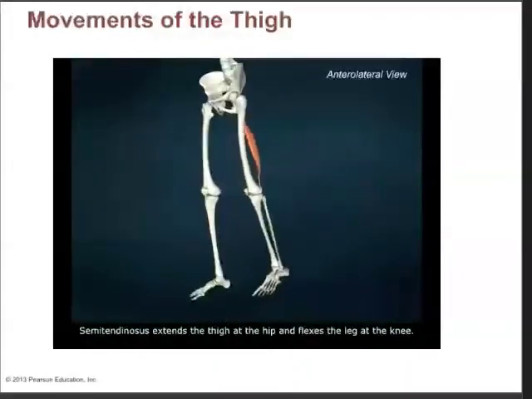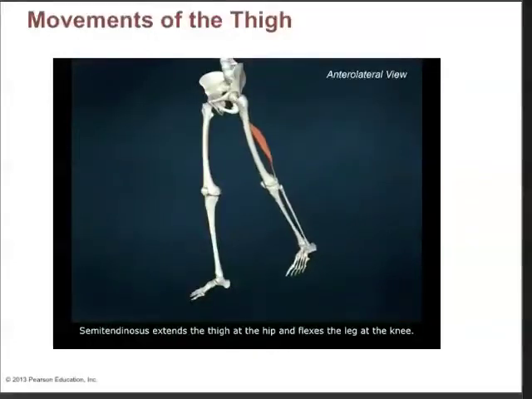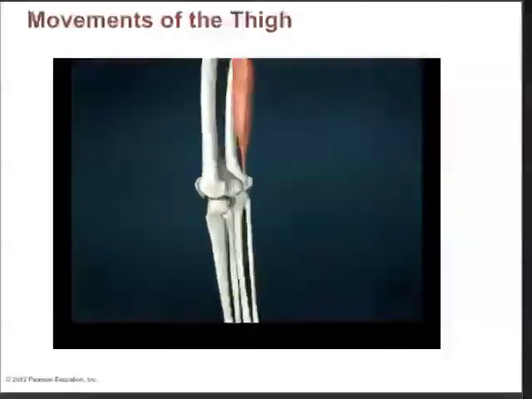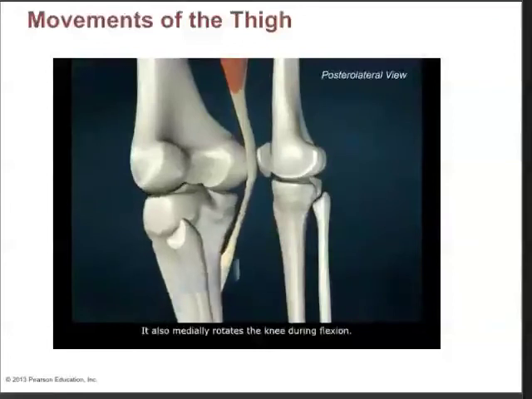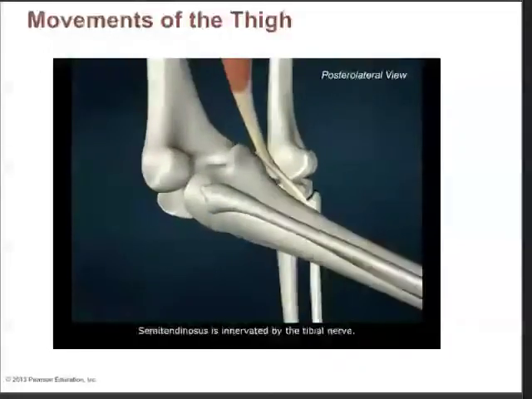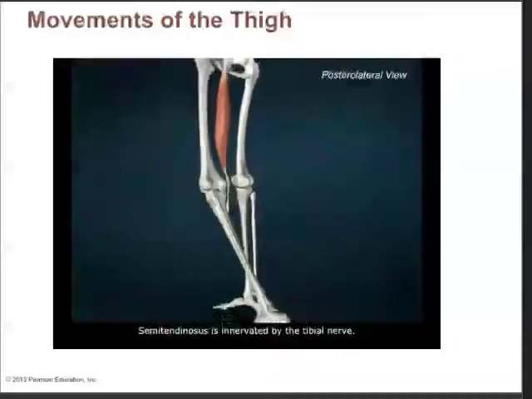Semitendinosus extends the thigh at the hip and flexes the leg at the knee. It also medially rotates the knee during flexion.